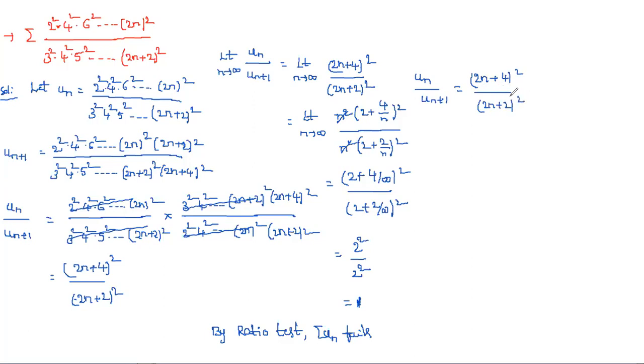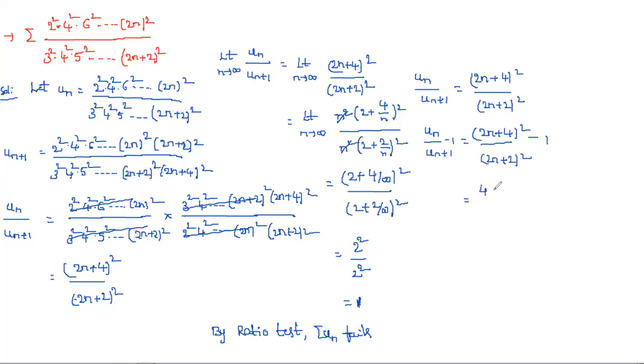So you can solve this directly by taking minus 1 and simplifying, or you can do it another way. So let's try the direct way. Un by un plus 1 minus 1, that is nothing but 2n plus 4 whole square by 2n plus 2 whole square, minus 1. So if you solve like this, what will you get?